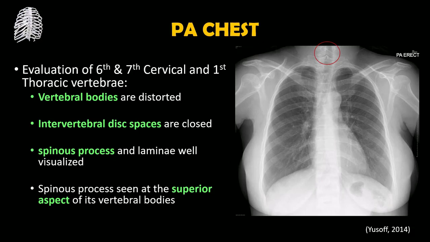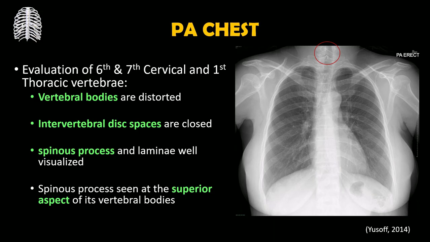Furthermore, it is very important to differentiate between PA and AP projection of the chest. In order to differentiate between these two, we should evaluate C6, C7 and T1 vertebrae. In PA chest X-ray, the vertebral bodies of C6, C7 and T1 will appear distorted.